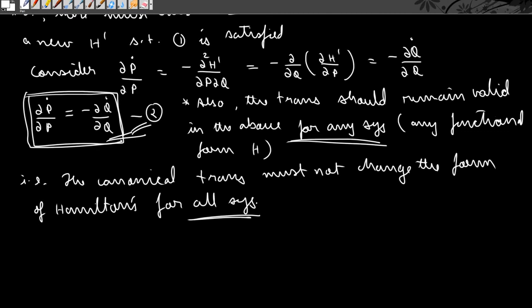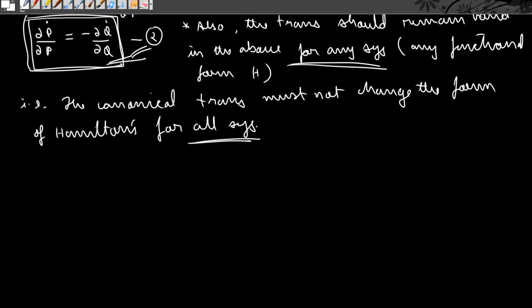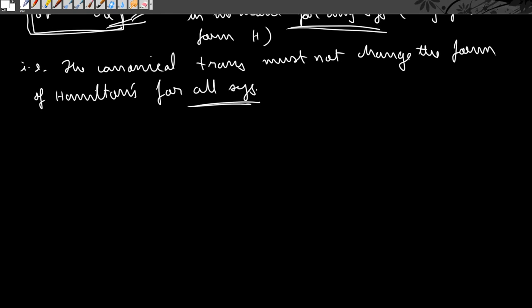Okay, so now let us consider some examples and check whether each can be a canonical transformation or not. As our first example, we are going to consider the transformation given as follows. The new momentum is given as the old momentum times the time, and the new coordinate is given as the old coordinate times the time.